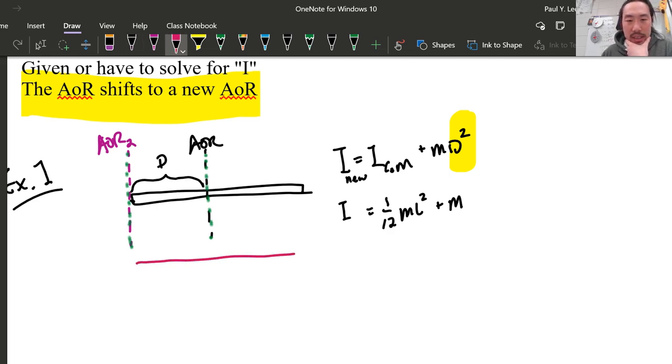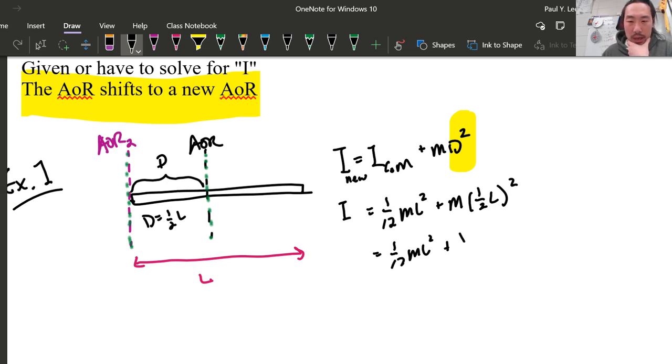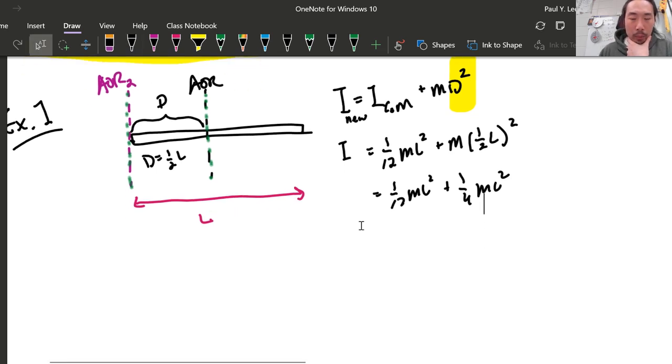The rod itself has a length of L, so d is equal to half of that L. If I do (1/2 L) squared here, we get 1/12 ml squared plus 1/4 ml squared. And what we want to do is add a 12th to a 1/4.